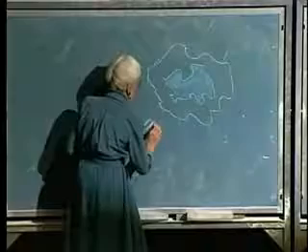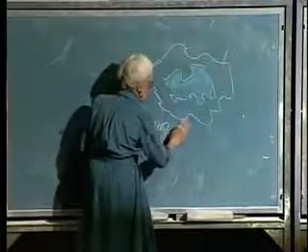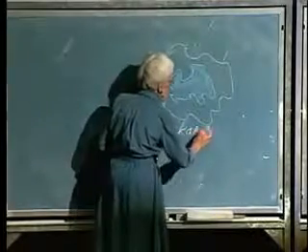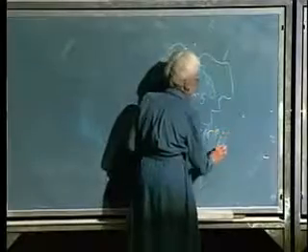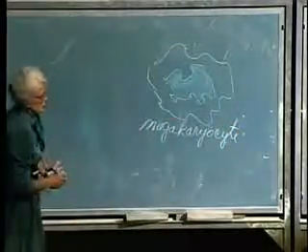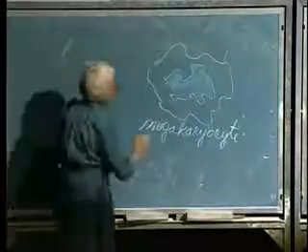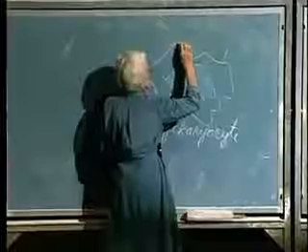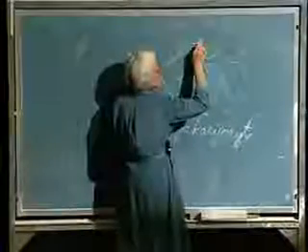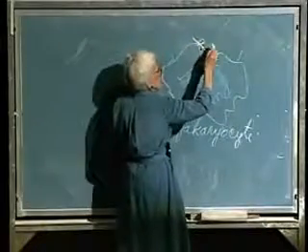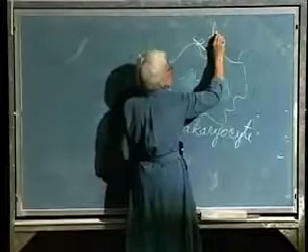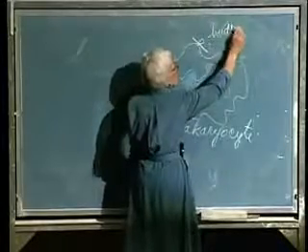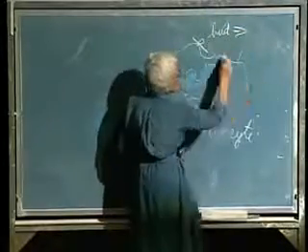Say it. Megakaryocyte. And so how does it form a little cell fragment? That little fragment will bud off of a little bud here, and then it'll break off. This bud becomes a thrombocyte.